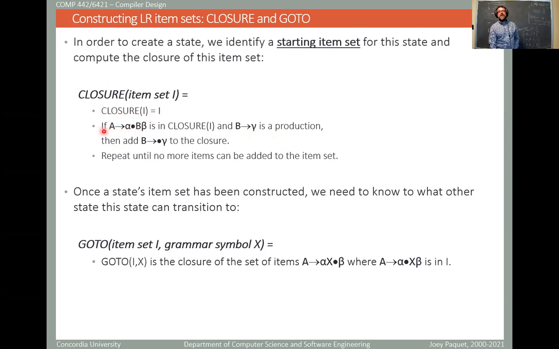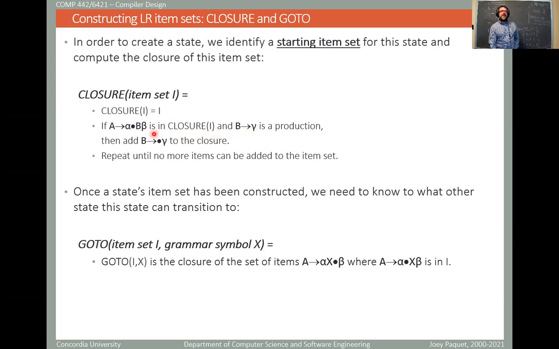Second, if you have an item that has a dot inside of the right-hand side, and that is followed by a non-terminal B, then I look into my grammar and I find all the rules that may expand this B into another sentential form. For example, I might have B gives gamma as a production in my grammar. So essentially that means this B here can be transformed into a gamma.